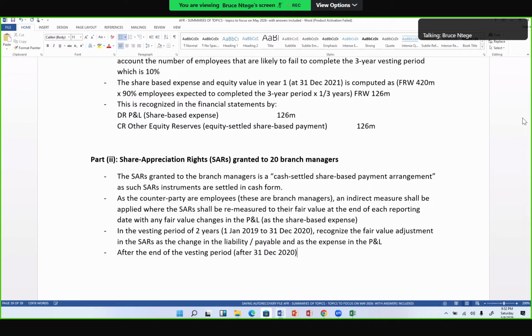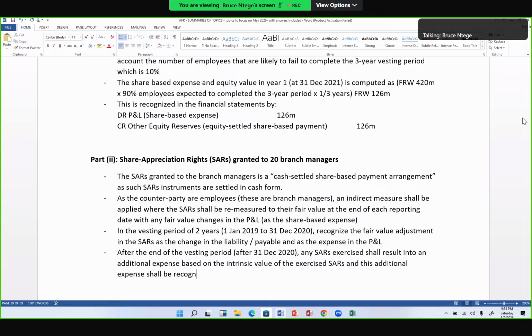This additional expense shall be recognized in the P&L.